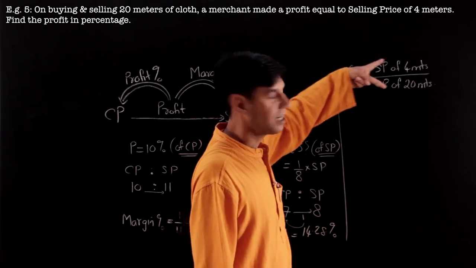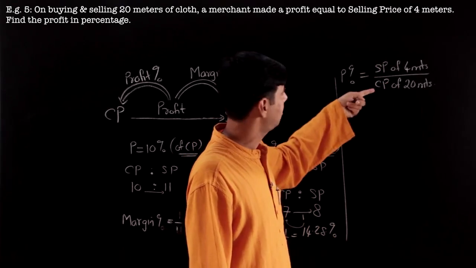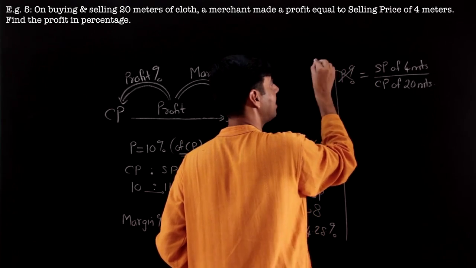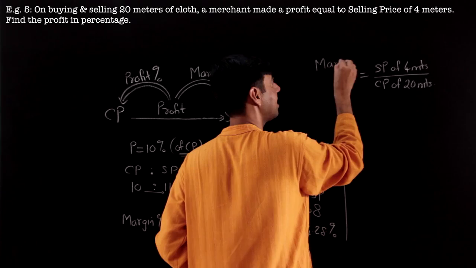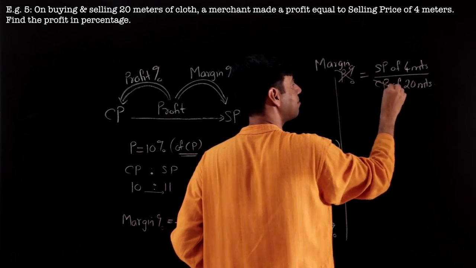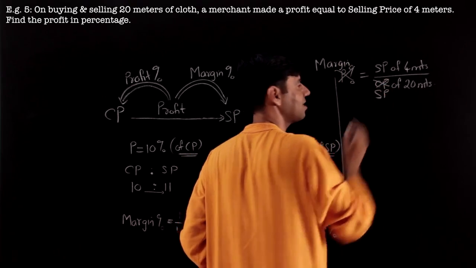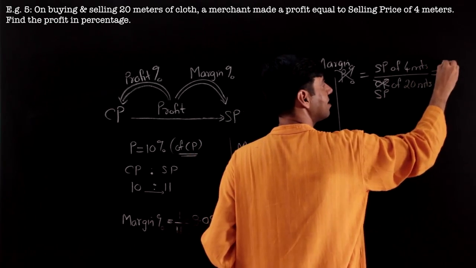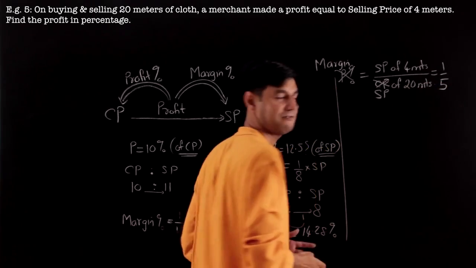Now I can't find this ratio because one is a selling price, one is a cost price. So what I can do is, instead of profit percentage, could I work in margin percentage? And if I work in margin percentage, I need to take the selling price of 20 meters. Now the selling price of 4 meters and selling price of 20 meters is going to be in the ratio 1 by 5.